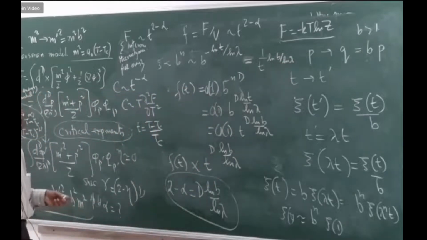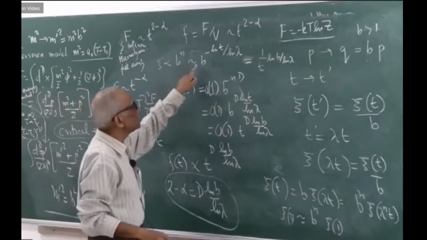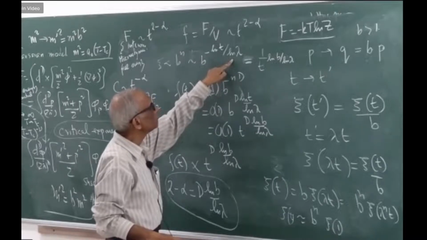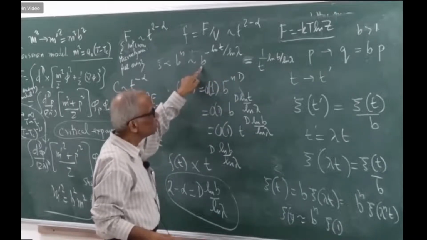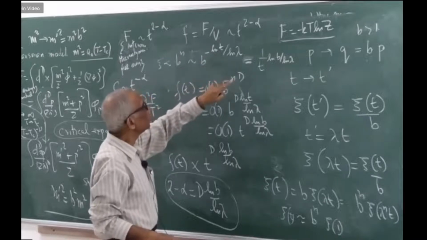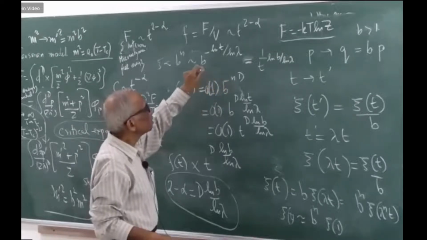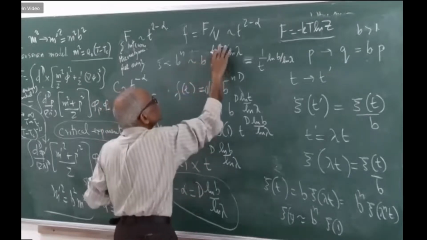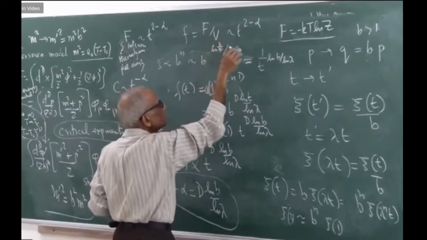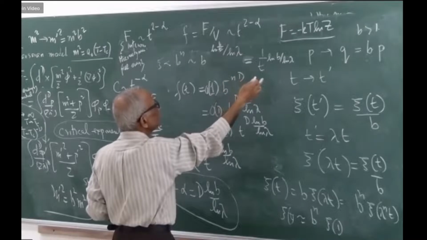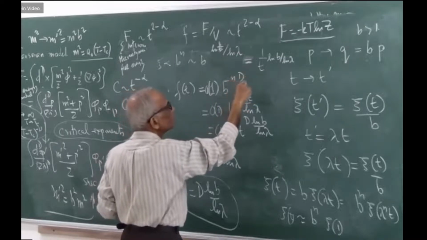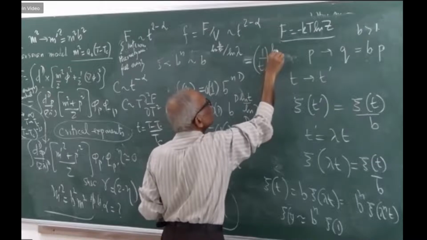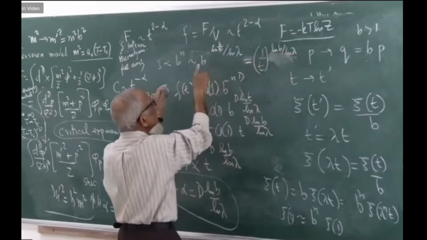So if I take a log, this is b to the power log 1 over t by log lambda, and there should have been a minus sign, is that right? b to the power n is b to the power log 1 over t by log lambda, and therefore it is 1 over t to the power log b over log lambda, and that tallies.